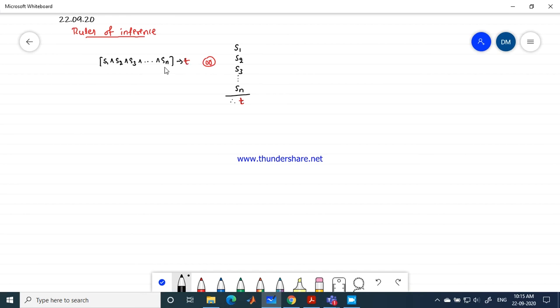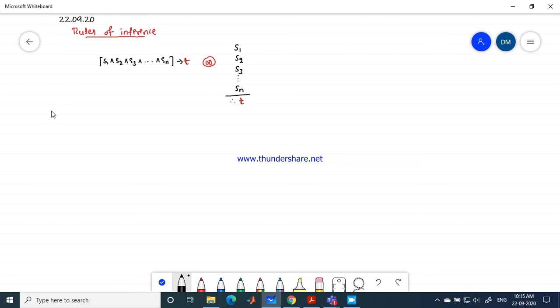If it is true, we say it is a valid argument. Otherwise, invalid. At the same time, rules of inference is going to help us in arriving at T through our premises. That is, we show how T follows from our premises. So that can be shown through rules of inference.